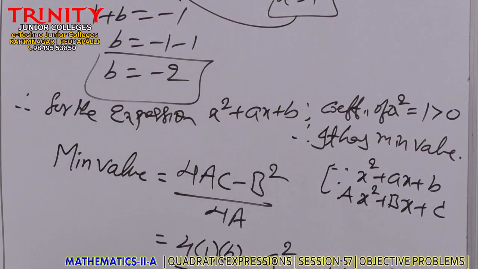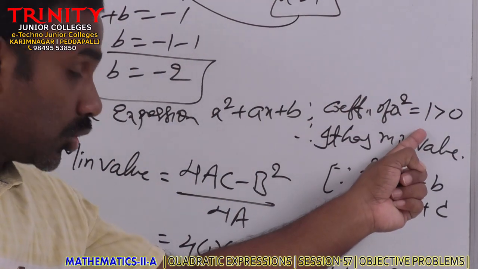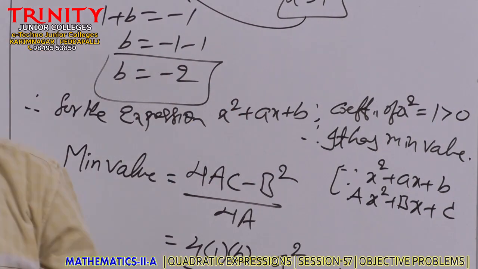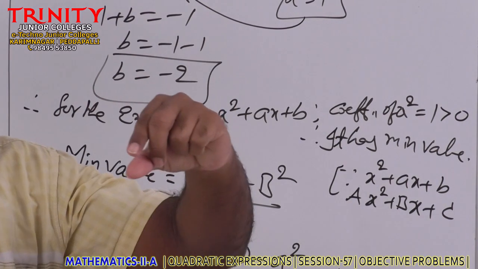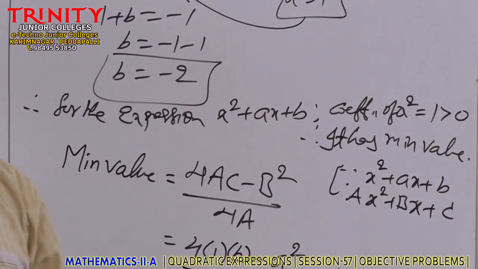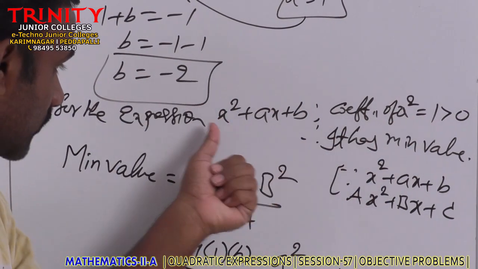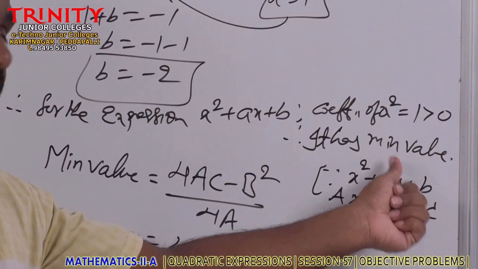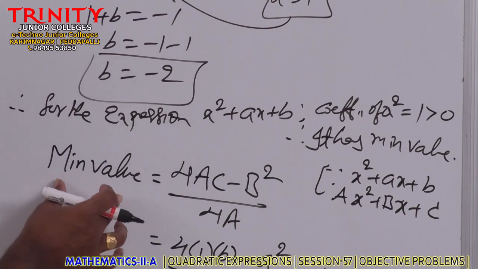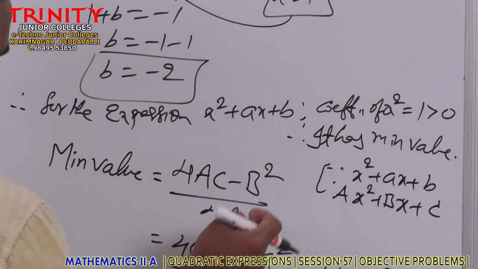If the coefficient of x square a is greater than 0, then the expression has a minimum value. If the coefficient of x square a is less than 0, then the expression has a maximum value. Therefore here the x square coefficient is 1, that's why it is greater than 0, therefore the function has a minimum value. The value of minimum is 4ac minus b square by 4a.